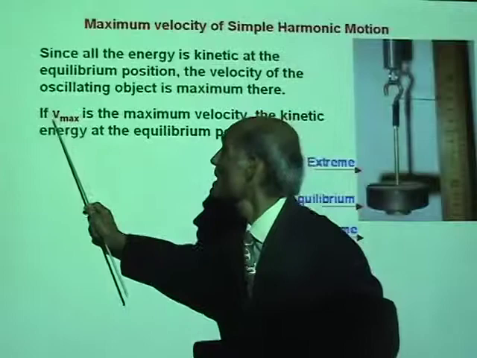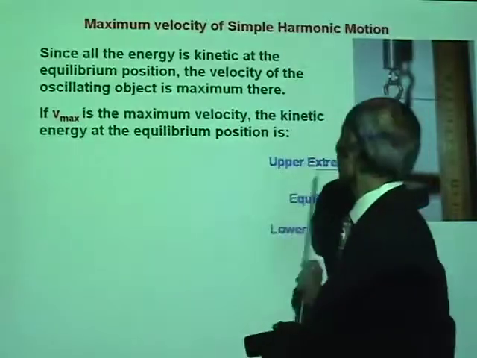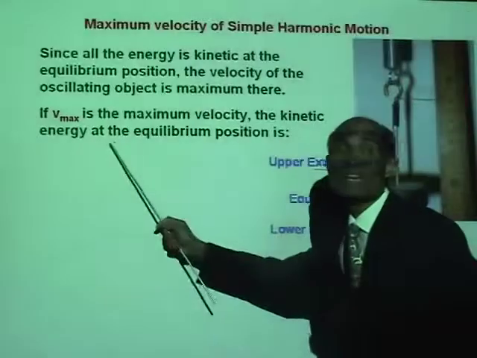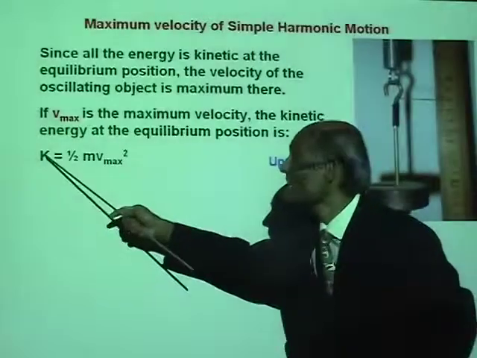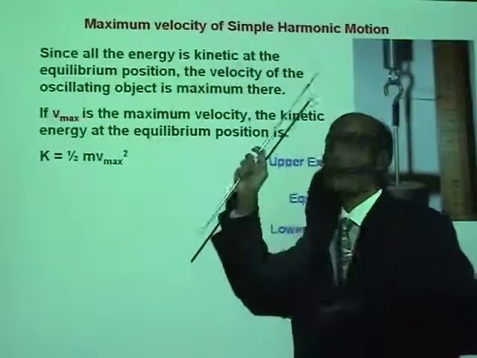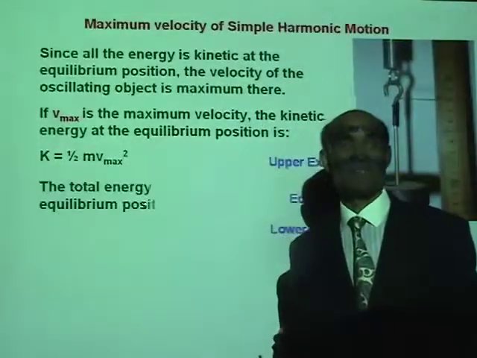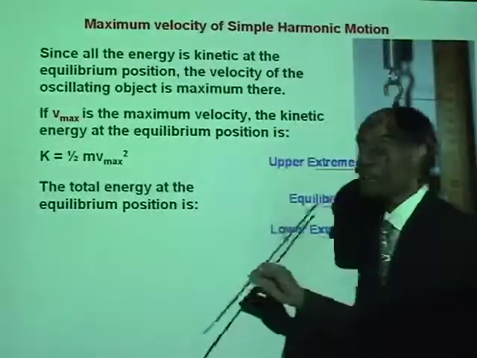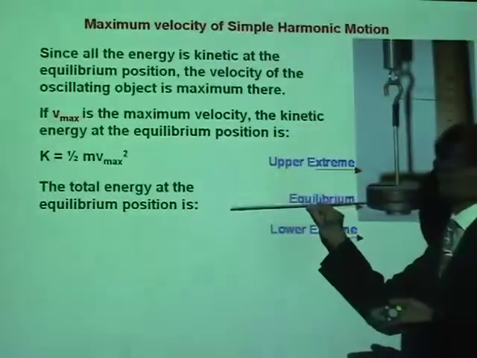Therefore, if V max is the maximum velocity at the equilibrium position, then the kinetic energy can be written as K equal to 1/2 m v max squared. The total energy at the equilibrium position, tell me, what is the potential energy there?